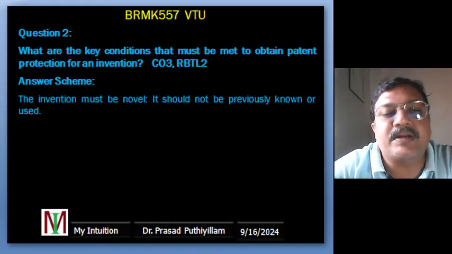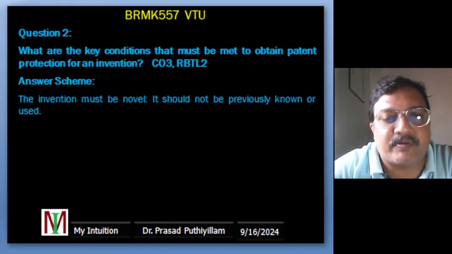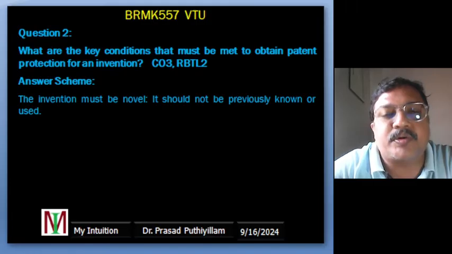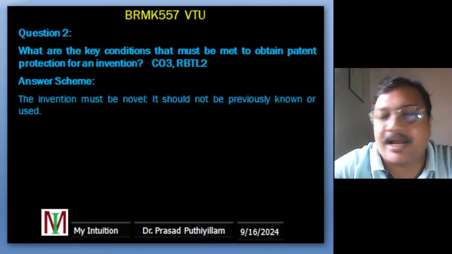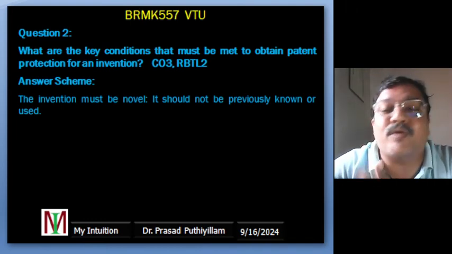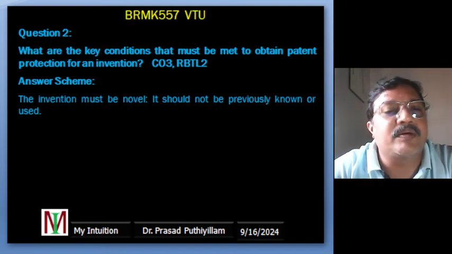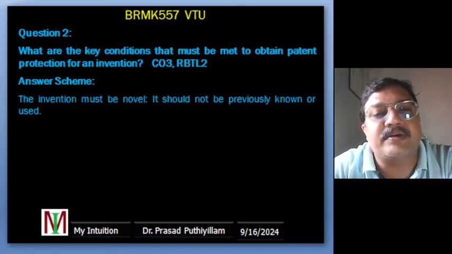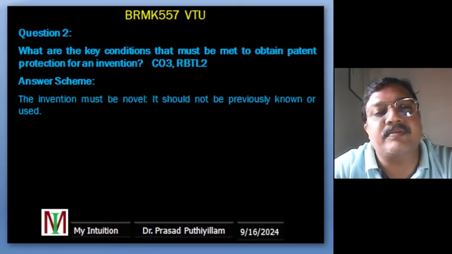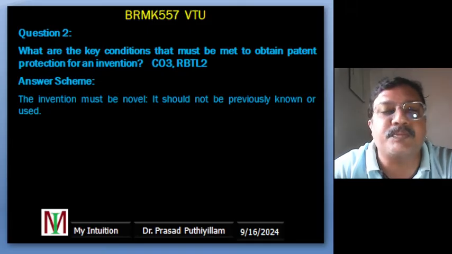So imagine someone invents a new type of mobile phone which can also purify water. Just an imagination. If no one has ever made or used a phone like this before, it is considered novel, meaning it's new.